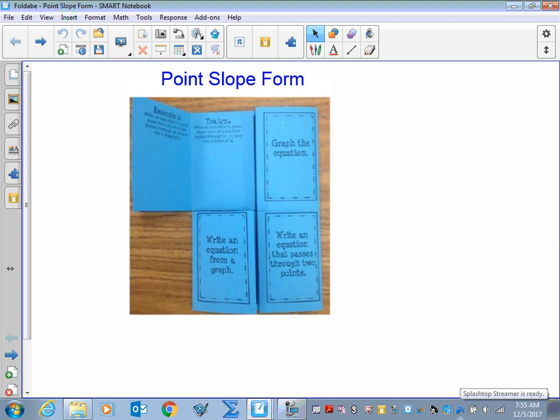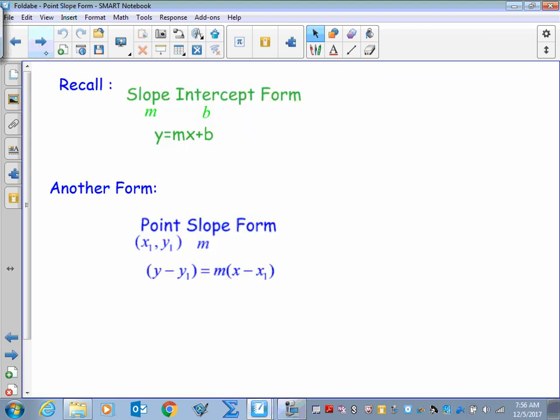Okay. All right, so like I said before, the form that we already know is slope-intercept form. This is called point-slope form. Okay, point-slope. So the good thing about these names that we've learned so far is the name of the form kind of helps you to know what information you need to get it in that particular form.